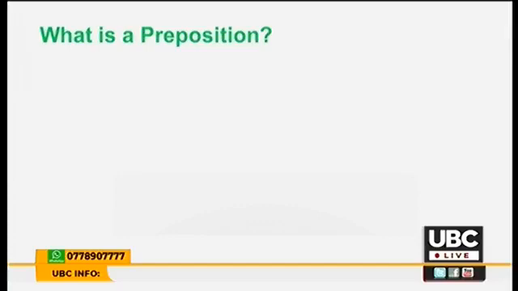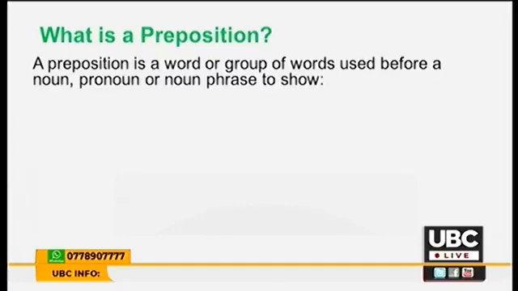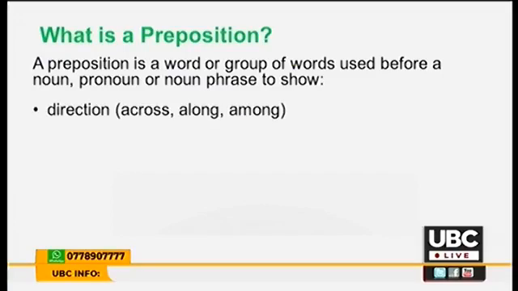Preposition. I'm sure many of you know what a preposition is. It is a word or a group of words used before a noun, pronoun, or noun phrase to show direction. And under direction we have across, along, among. Those are prepositions that show direction. Then we also have those prepositions that show time. In, on, at.